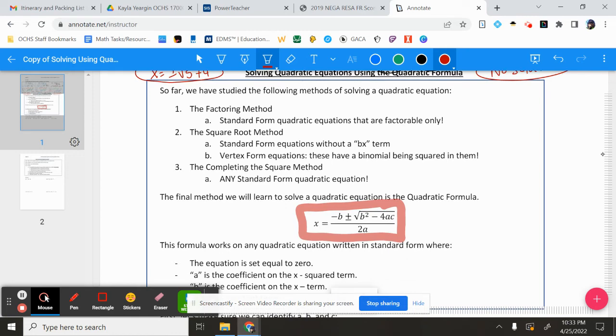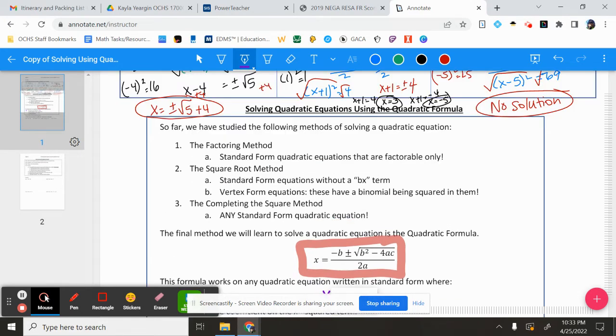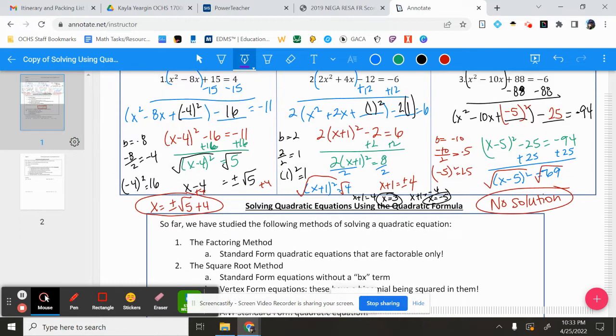So, we want to make sure, first and foremost, this is very important, that the equation is equal to 0. So if I scroll back up to the top, I notice that none of these equaled 0. I would not be able to use the quadratic formula until I made those equal 0. So instead of moving 15 over, for number 1, I'd move 4. Instead of moving 12, for number 2, I'd move negative 6, and so forth.